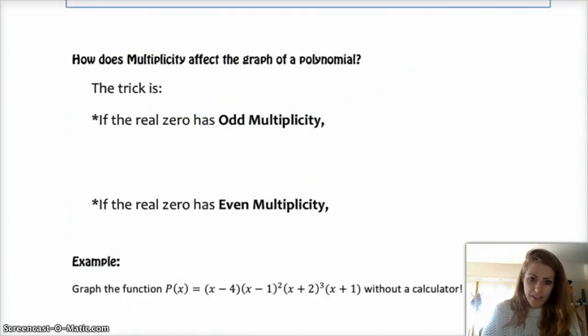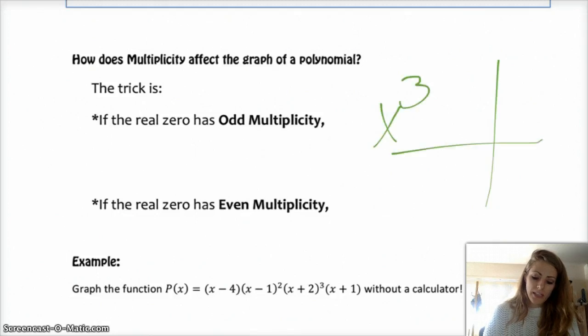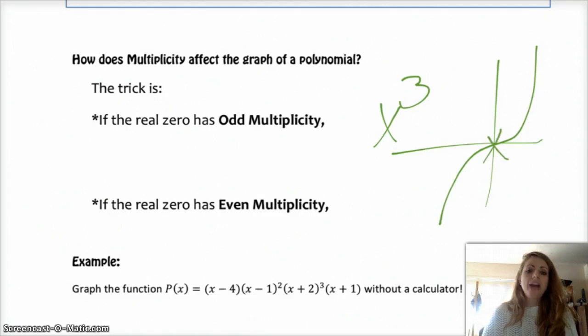All right, multiplicity. How does multiplicity affect the graph? It depends on whether the multiplicity is odd or even. If the zero has odd multiplicity, it looks like the zero of x cubed, so x cubed looks like this, and it passes through the x-axis.